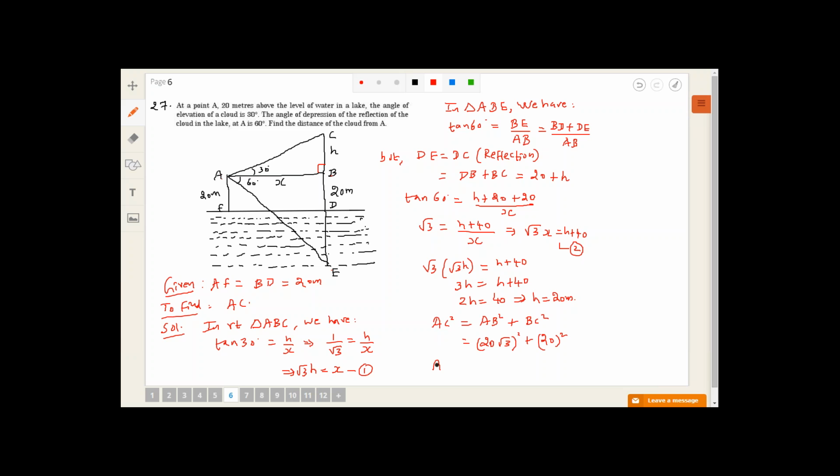So solving, we get AC is equal to 20 into 2, which is 40 meters. So the distance of a cloud from point A, which is AC, according to this diagram, is 40 meters.